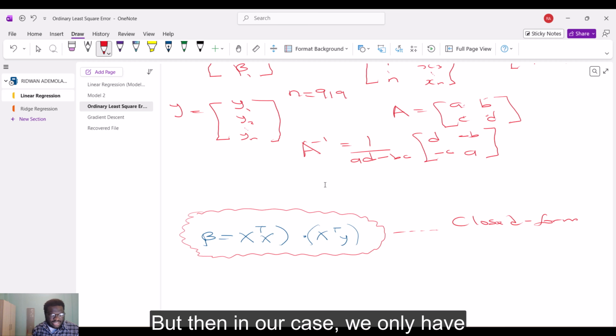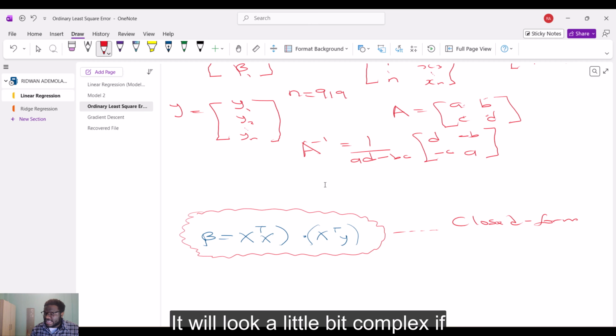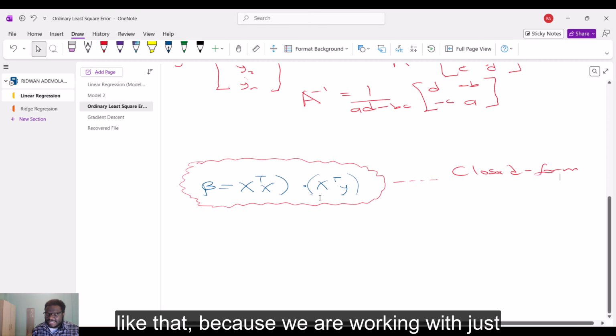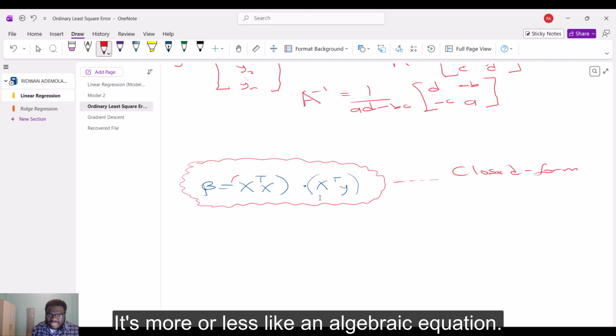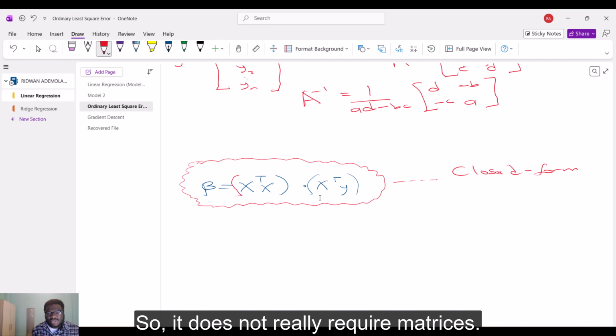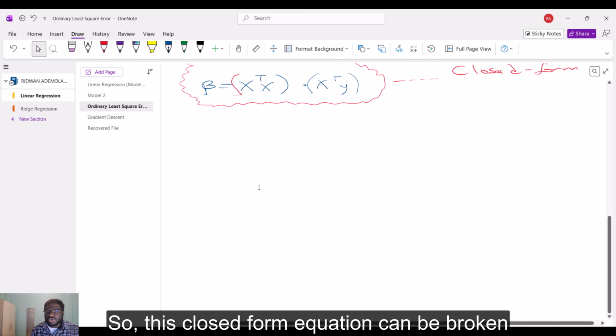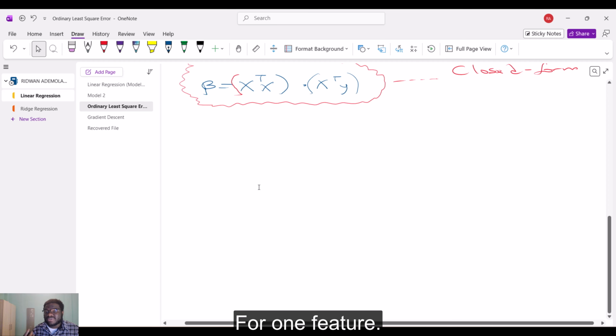But in our case, where we only have one feature, it will look a little bit complex if we just dive into matrices and vectors like that. Because we are working with just one feature, it's more or less like an algebraic equation, so it does not really require matrices. So this closed form equation can be broken down for one feature.